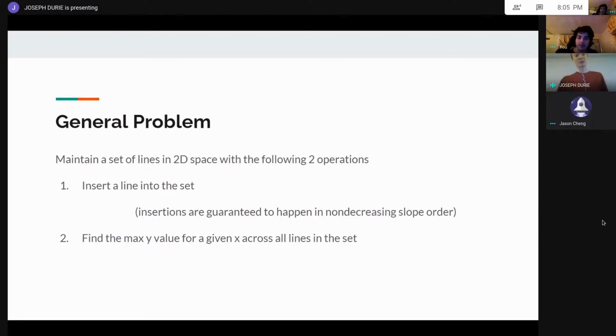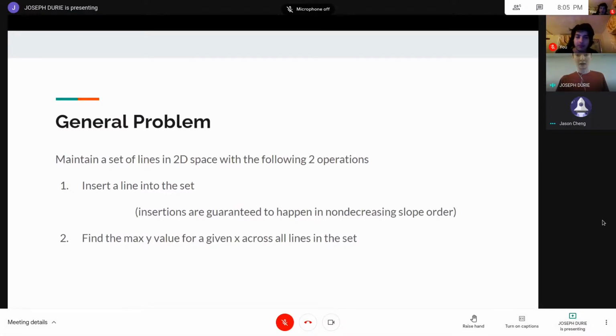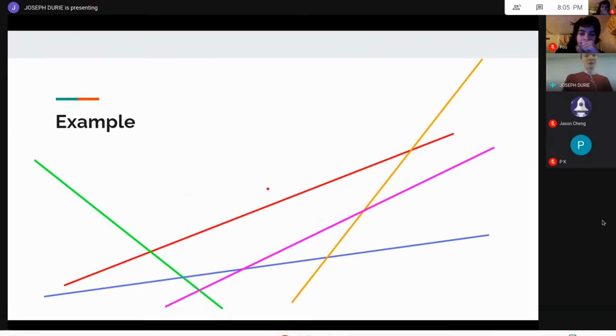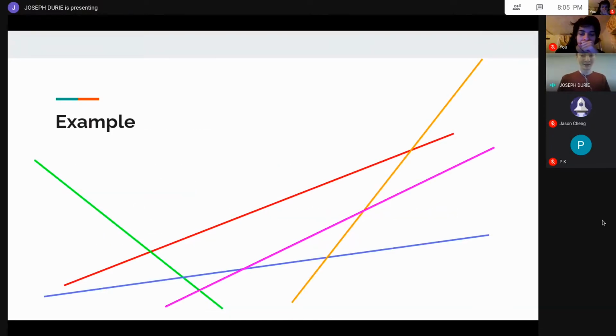And then the other operation we need is we want to be able to find the maximum y value for a given x value across all lines in the set. So I have a picture to show what we're doing. Let's say these are the lines in the set at some point in time, right after we've done some amount of insertions.